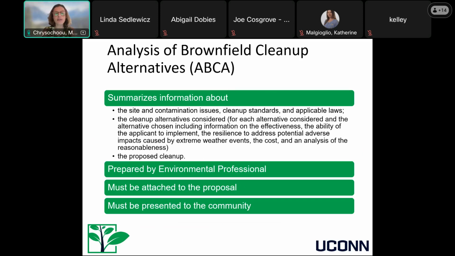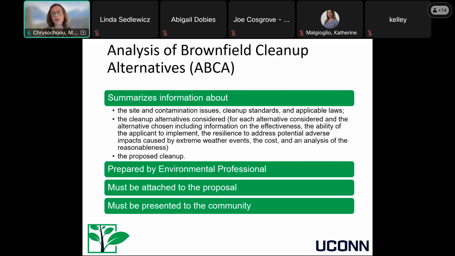And for each alternative considered and what you chose, you include information on how effective that remedy is, whether the applicant is able to implement it, considerations with respect to resilience, cost, and an analysis of the reasonableness of the approach.